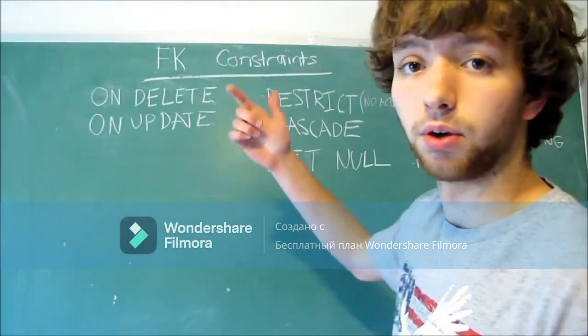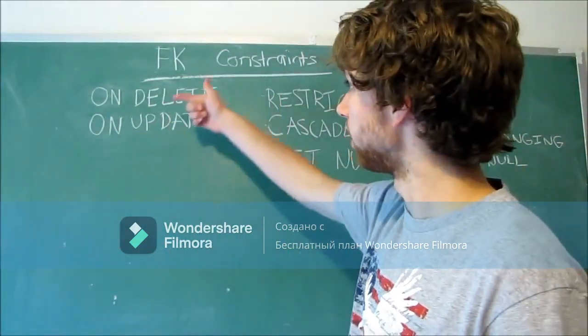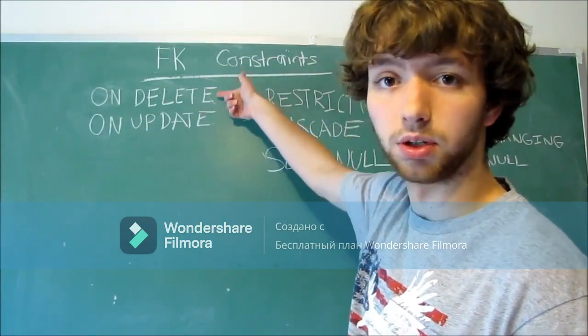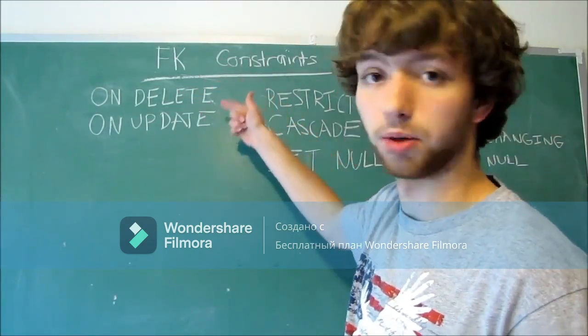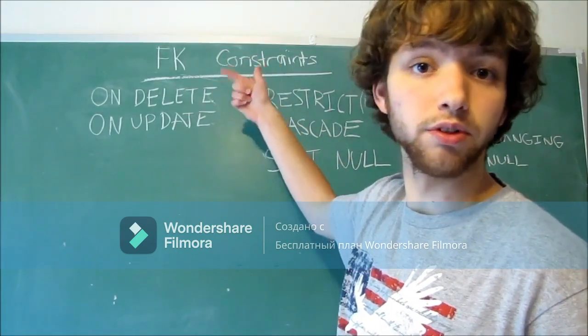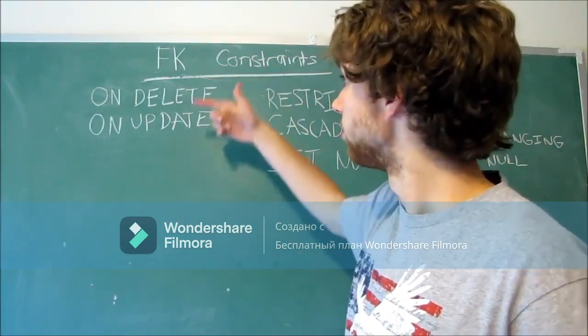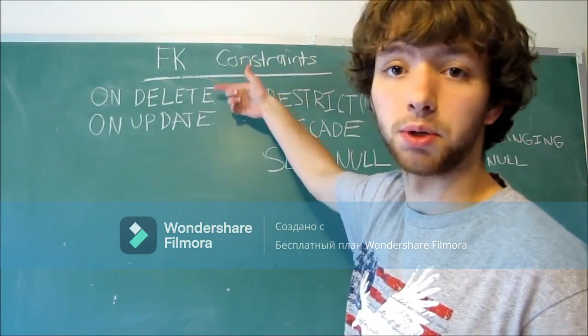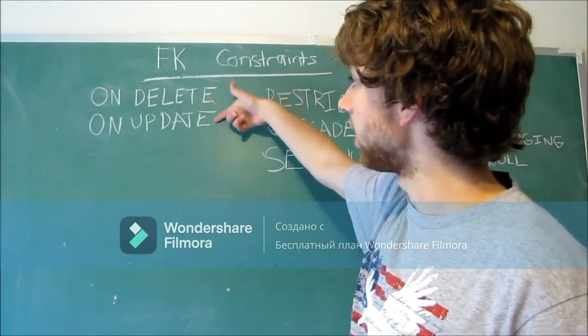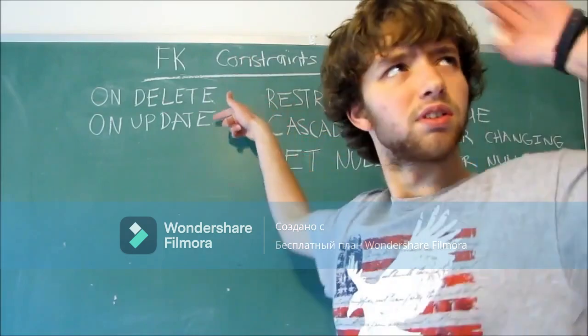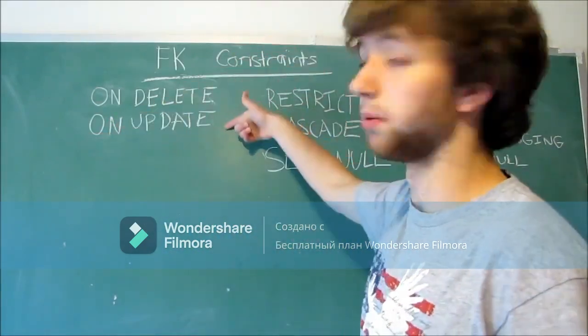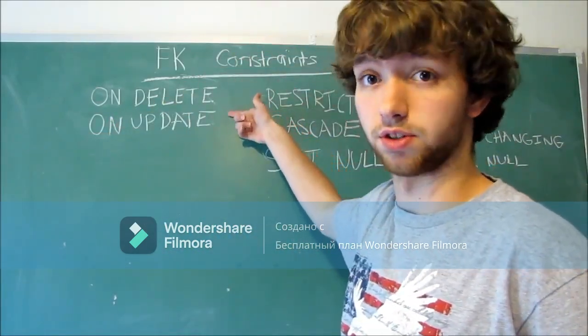Alright, so when we create an SQL statement, we can add these two keyword phrases here, ON DELETE and ON UPDATE. This refers to the foreign key constraint, but it's talking about the parent. So when we update the parent, we want the children to do something.